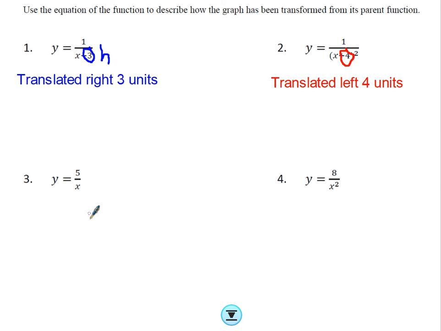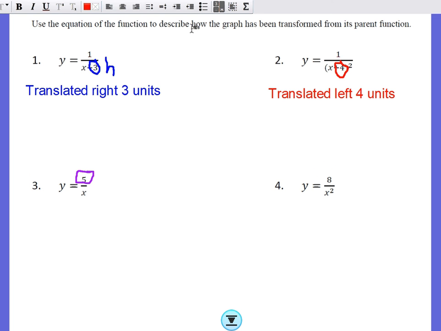If you look at number 3, there's no h, there's no k, but now we have a different a here. It's a 5. So what that means is that my graph has been dilated by a factor of 5. You just take that number that has been replaced here, and that's what it's been dilated by.